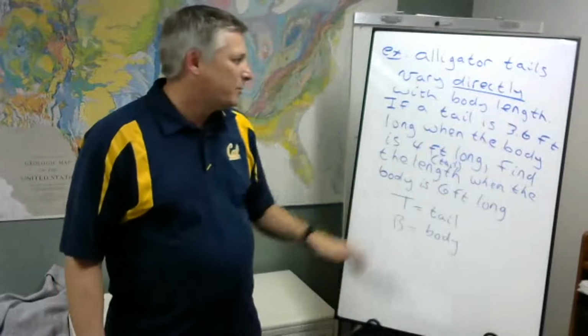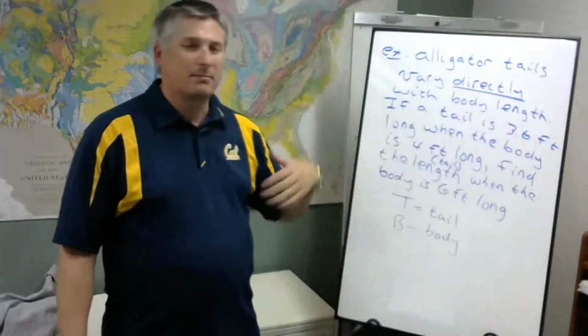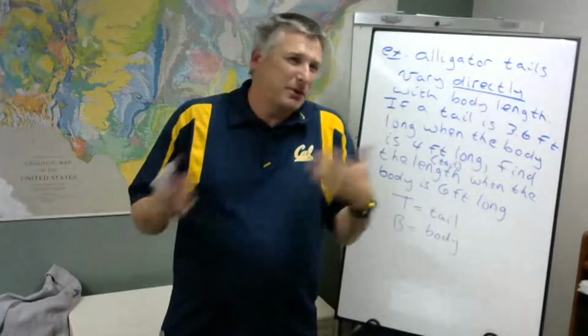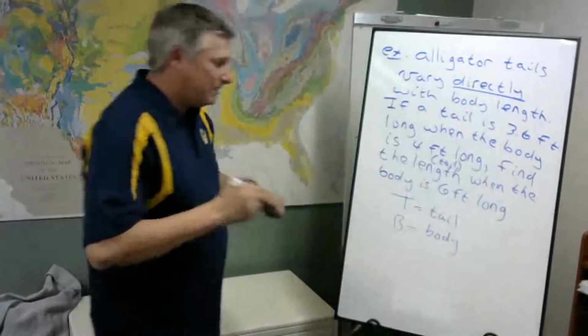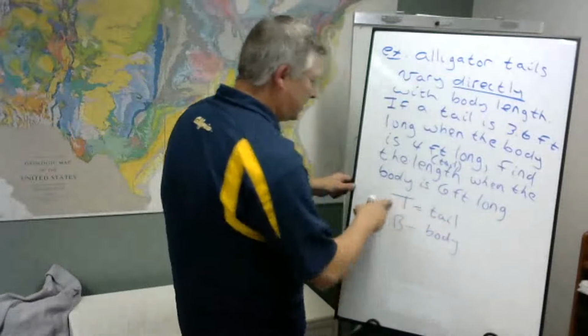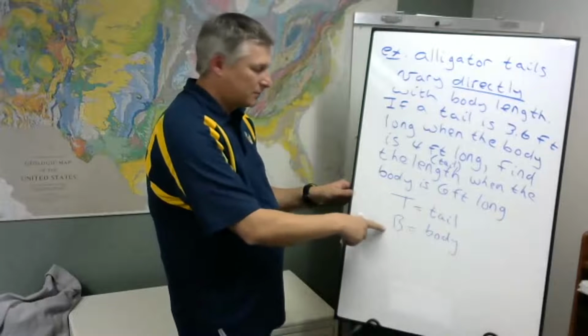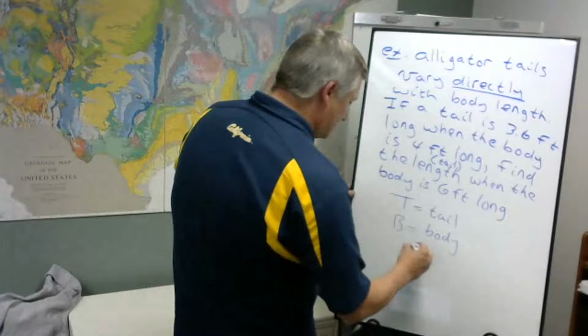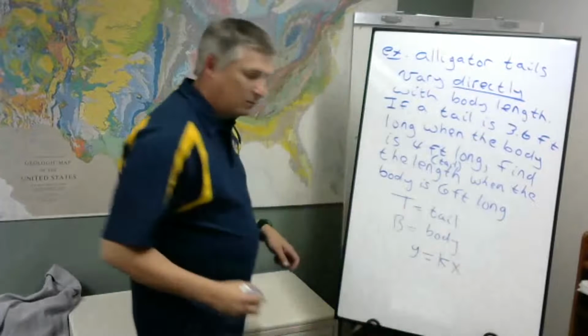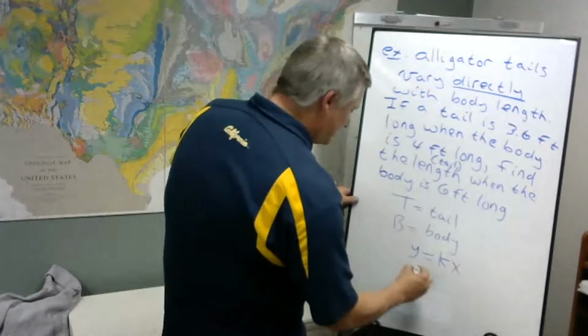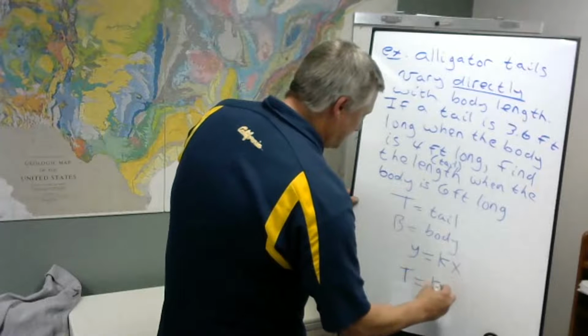In other words, you put in the body length, you produce a tail. So this is going to play the role of y, and this will play the role of x. So since this is varying directly, y equals kx now becomes t equals kb.